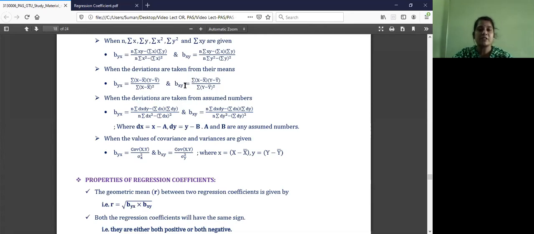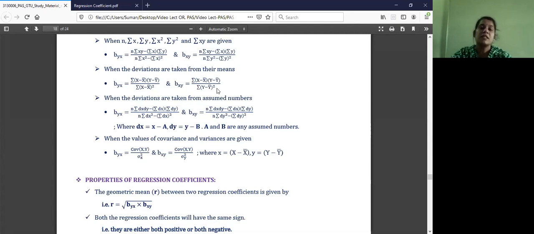The next regression coefficient is bxy. That means, in the numerator, the same values, summation x minus x bar into y minus y bar, divided by, here we write y last, so summation y minus y bar whole square.